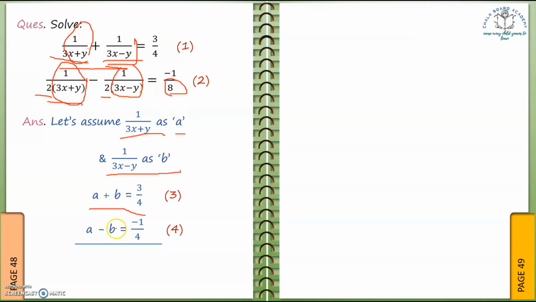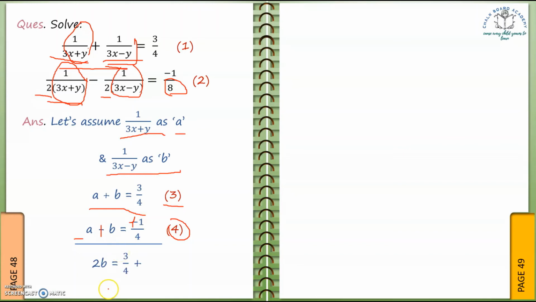So we got A - B = -1/4. Now we are going to subtract equation 4 from equation 3, and for that we need to change the signs. Because A was positive, now we have changed the sign. B is negative, so we put a positive sign now, and because this term is also negative, after changing the sign it becomes positive.